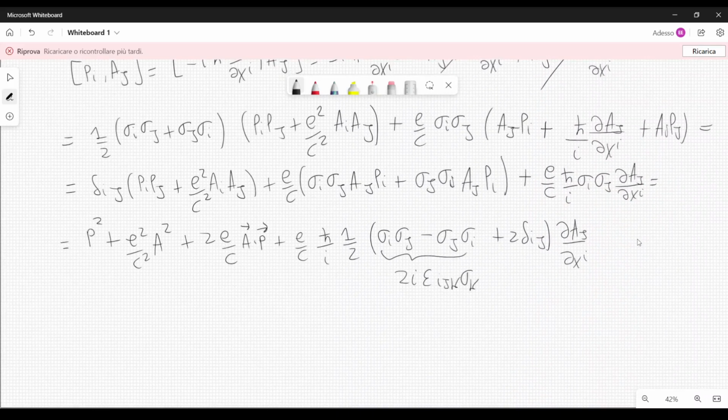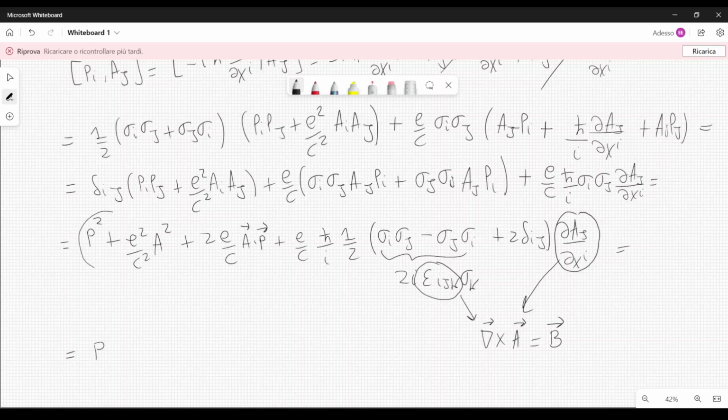And finally, when I multiply epsilon ijk with the derivative of aj with respect to xi, this will simply be the curl of the vector A, which is equal to the magnetic field B. So in this case, I will use B for magnetic field. Therefore, I will get this expression p.